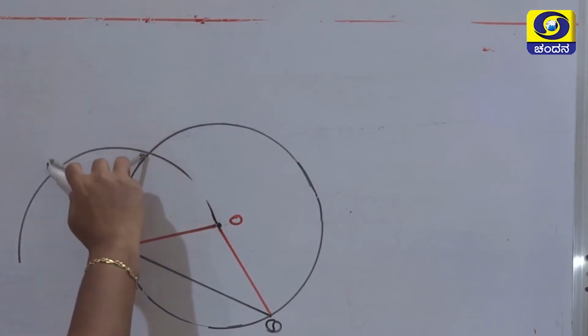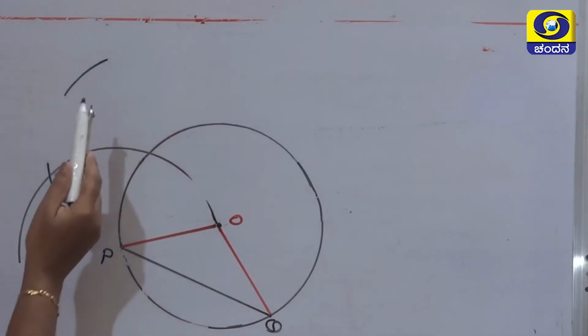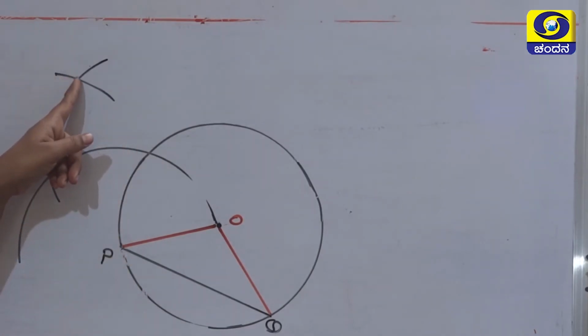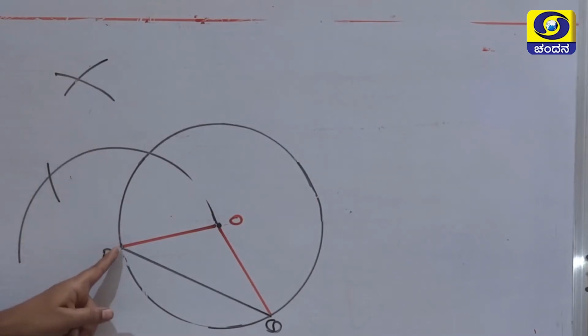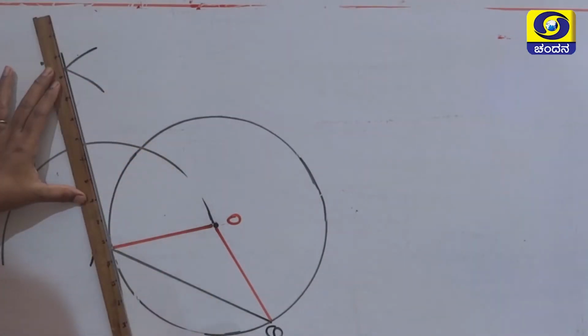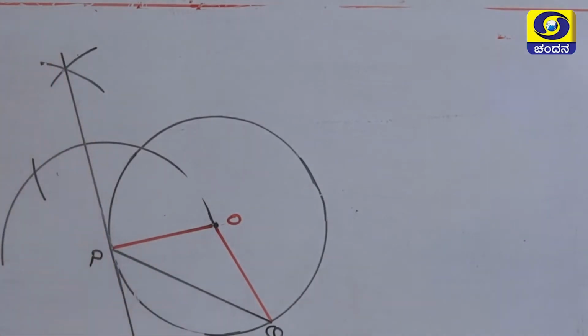And two more arcs like this. Now join this point of intersection of two arcs to point P. You can repeat the same procedure below also.